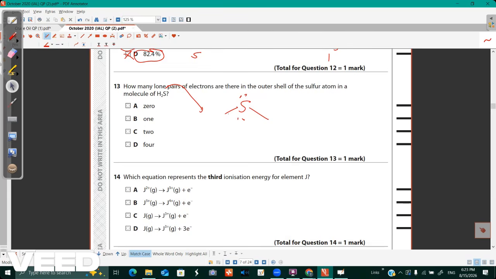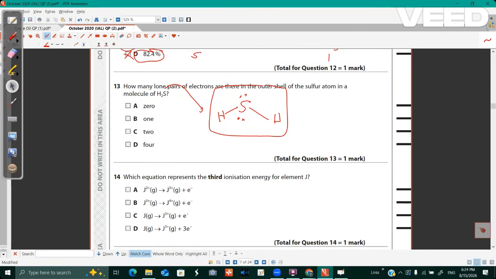These are paired. These are bonding pairs. Are there lone pairs? Here there's one lone pair. There's another one. Right? So what is the answer? 13. Answer for 13 is 2.